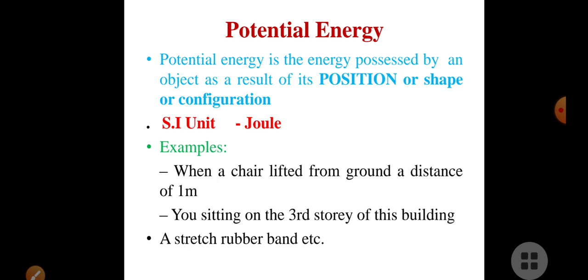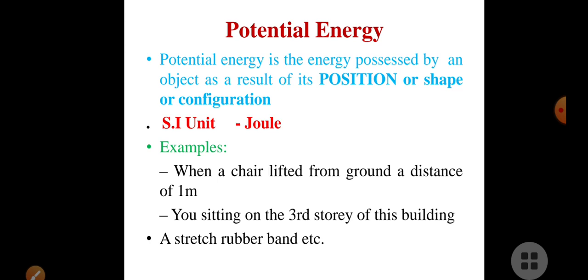Second, you are sitting on the third story of this building. How did you reach the third story? You did work by your legs. You applied force and a distance was covered. You walked up to the third story of the building, and therefore that work is stored in the form of potential energy.